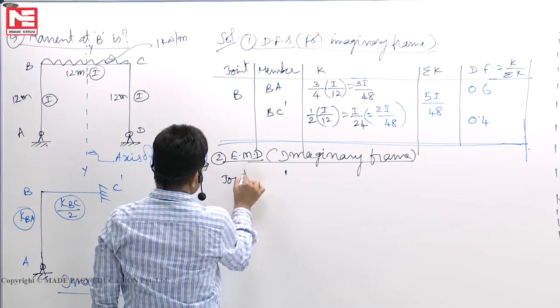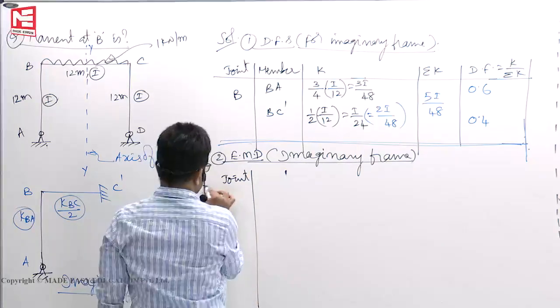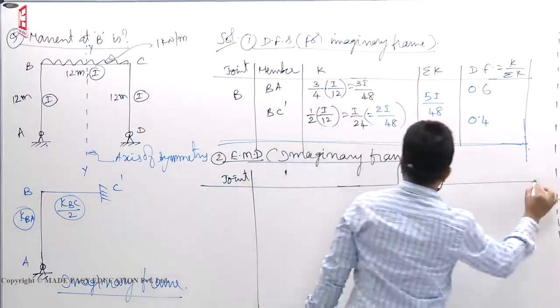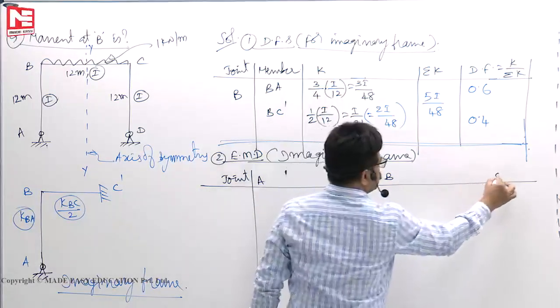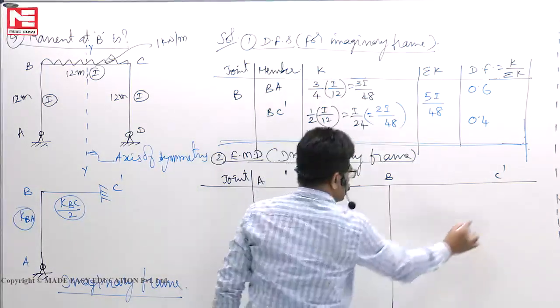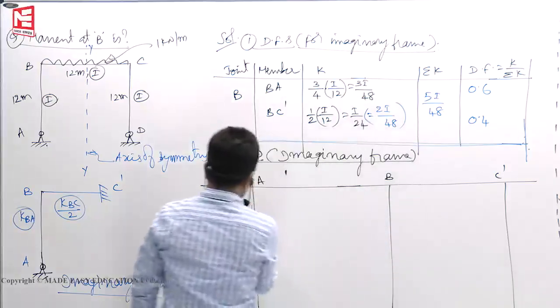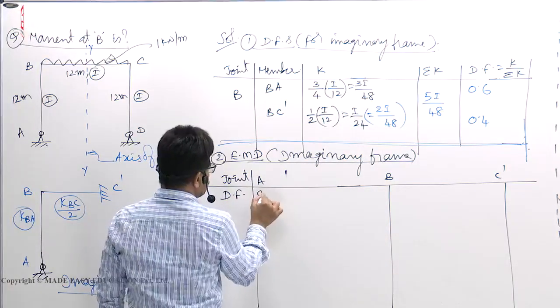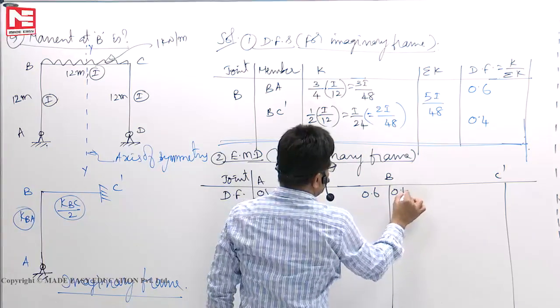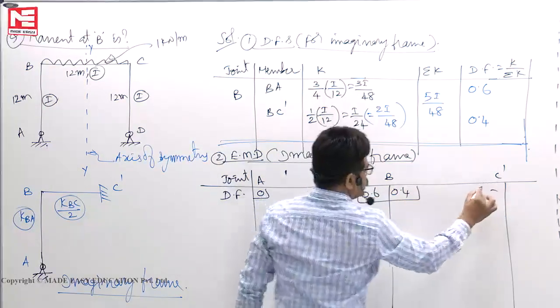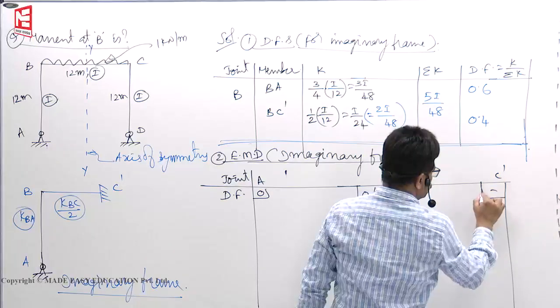Joints A, B, C dash. Then distribution factors. Here it is 0. BA, you got it 0.6. BC, 0.4. Nothing. Reason is same.